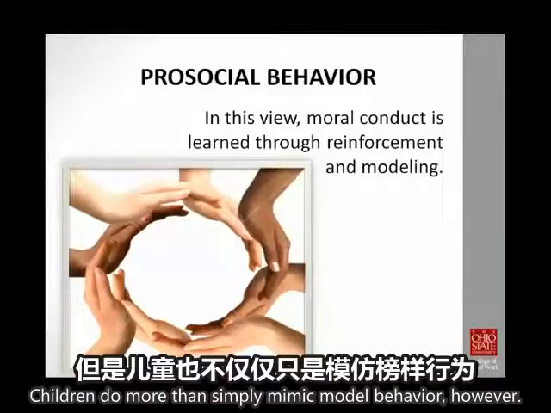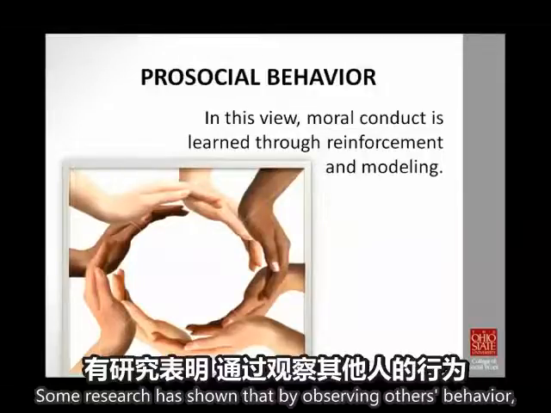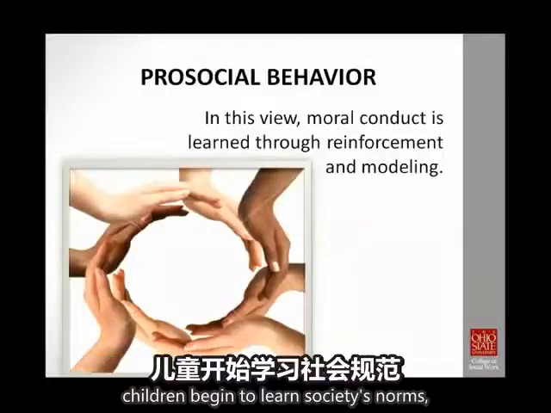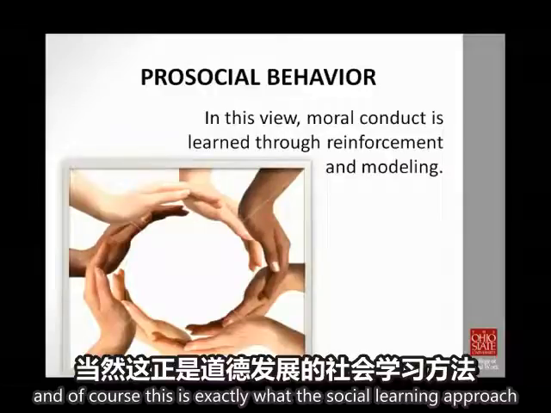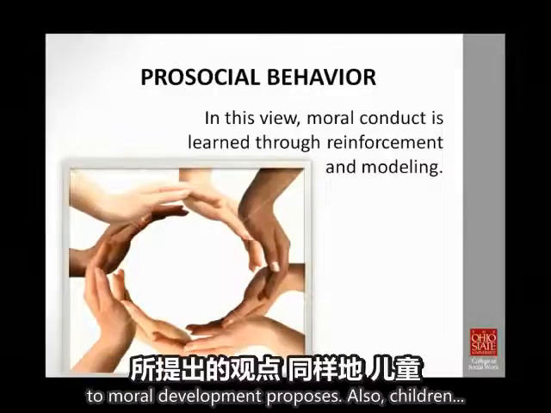Children do more than simply mimic modeled behavior, however. Some research has shown that by observing others' behavior, children begin to learn society's norms. And of course, this is exactly what the social learning approach to moral development proposes.